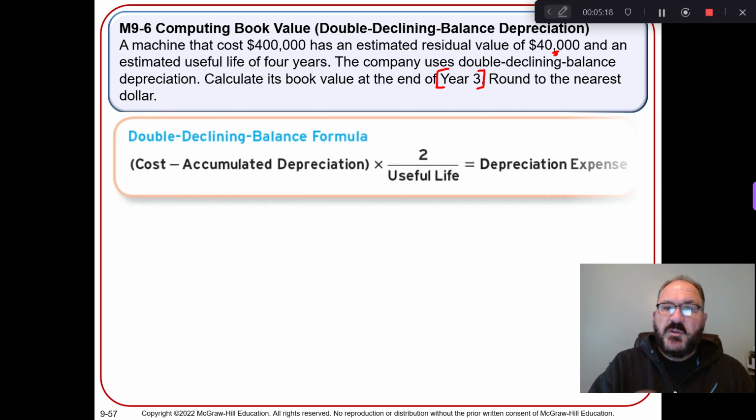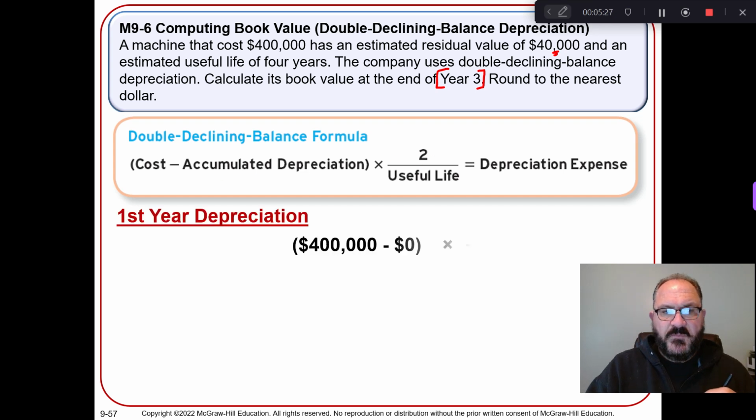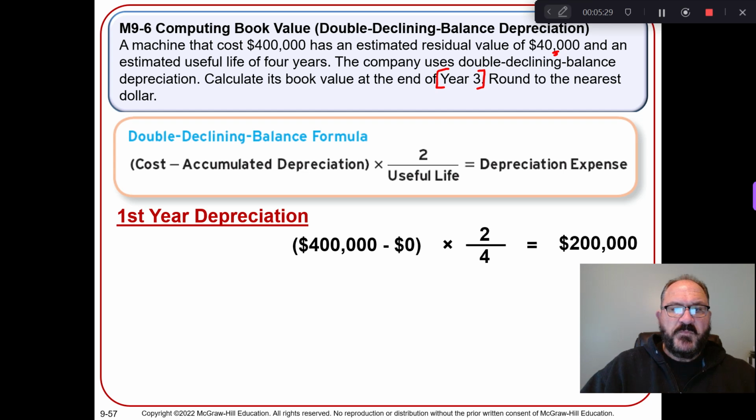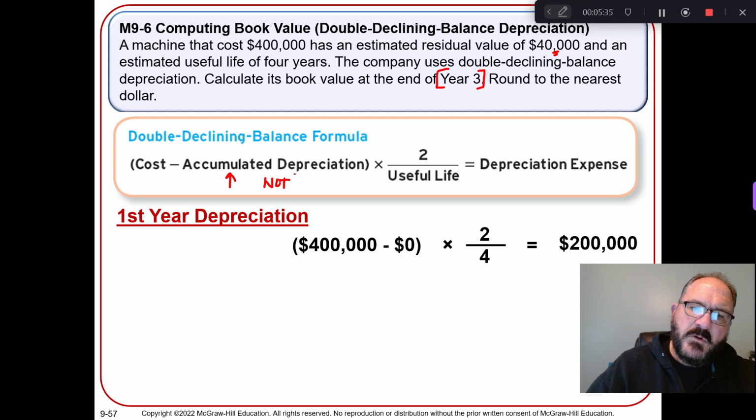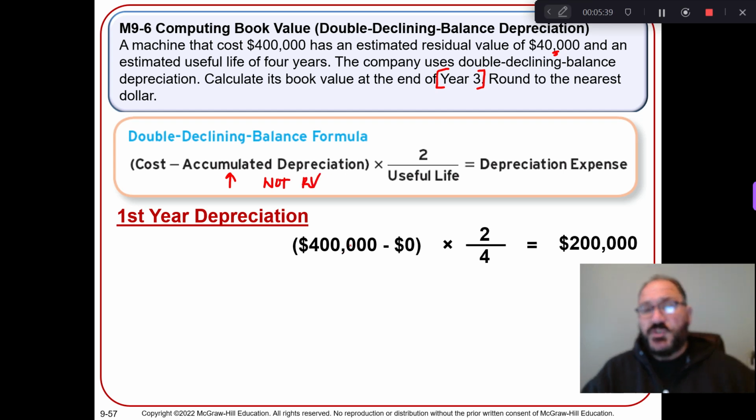Okay. So the first thing is double declining balance says cost minus accumulated depreciation times 2 over the useful life, right? So the first year depreciation, it says minus accumulated depreciation, not residual value. Okay. So the first year, this is over 4 years.